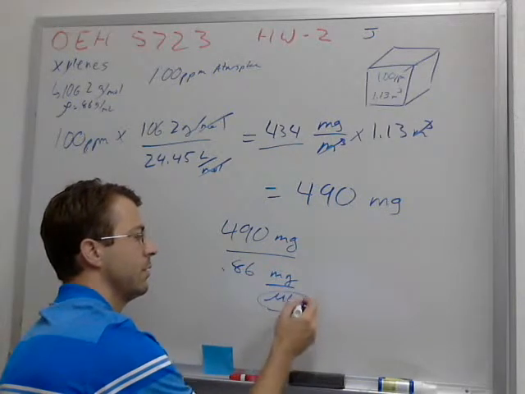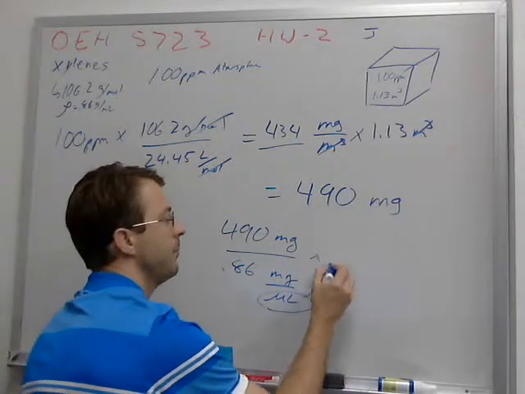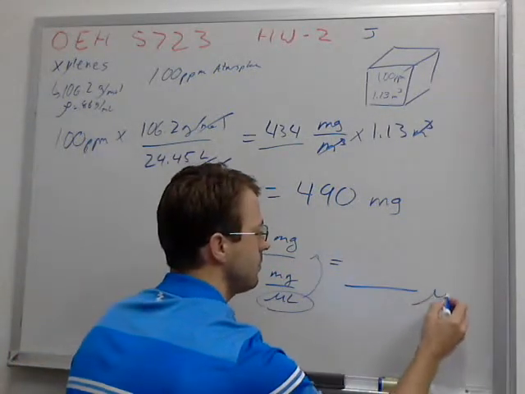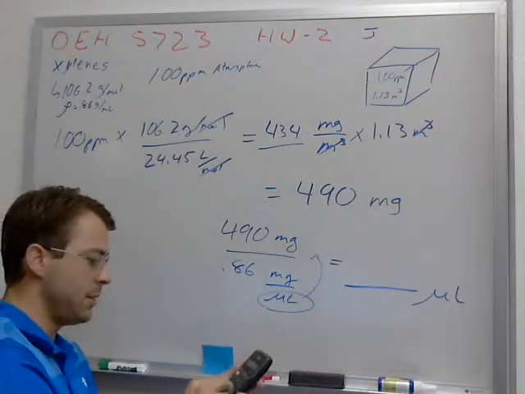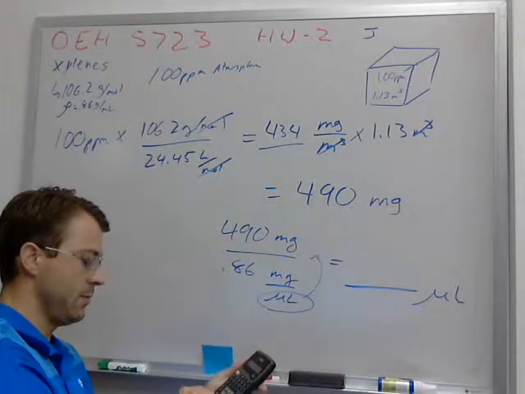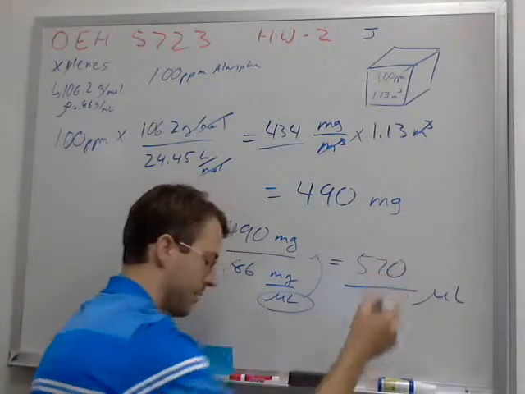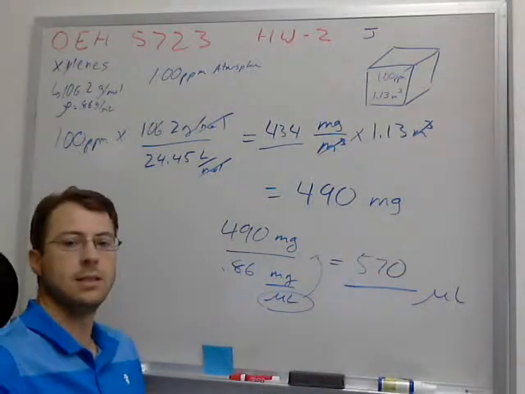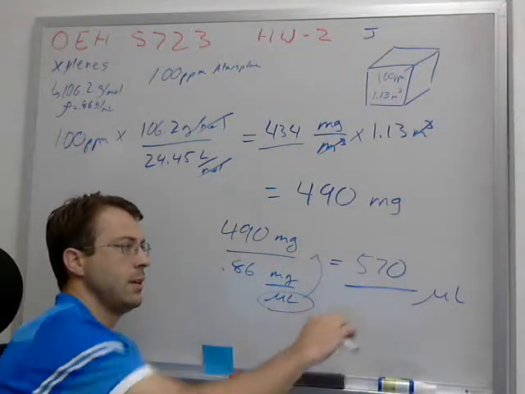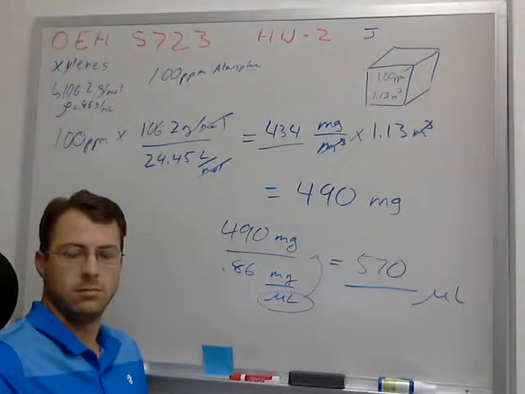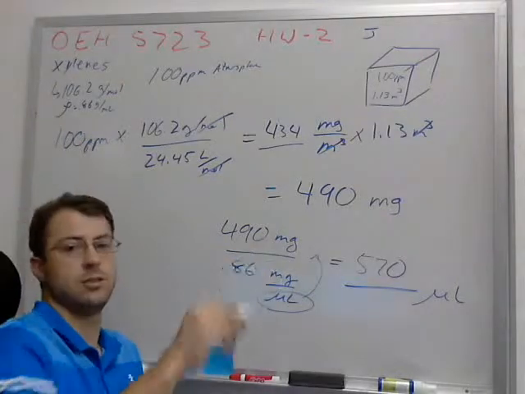So it gives us microliters effectively in the numerator. And so how many microliters would that be? That'd be 490 divided by 0.86, so 570. What that means is you would have to inject roughly half of a mil to achieve this concentration.